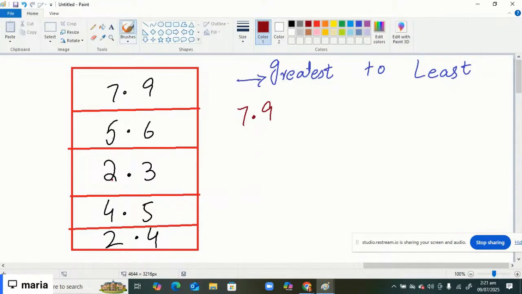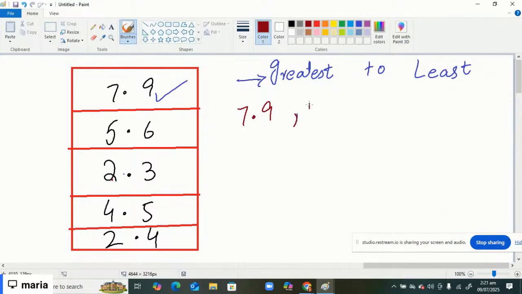So 7.9 is done. Now let's do the next: 5.6, 2.3, 4.5, 2.4. What is the next? We are going to check that. So 5 is greater in all of it, so after that it's 5.6.